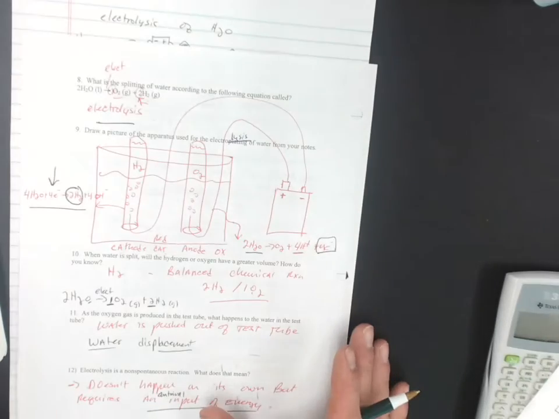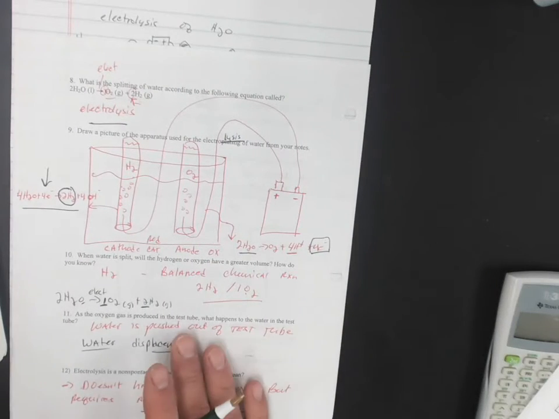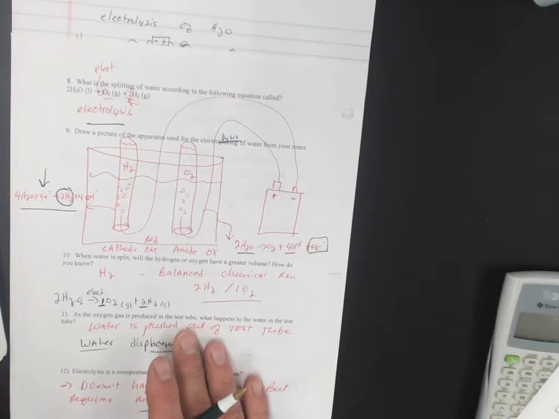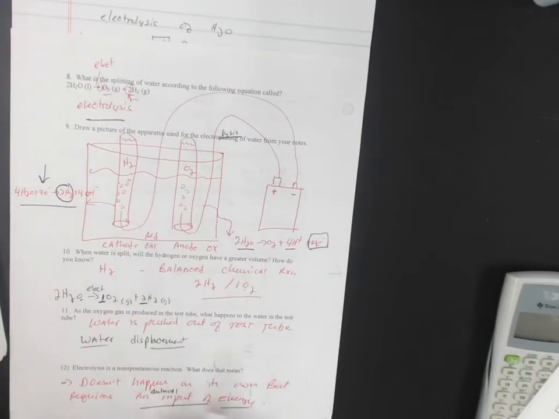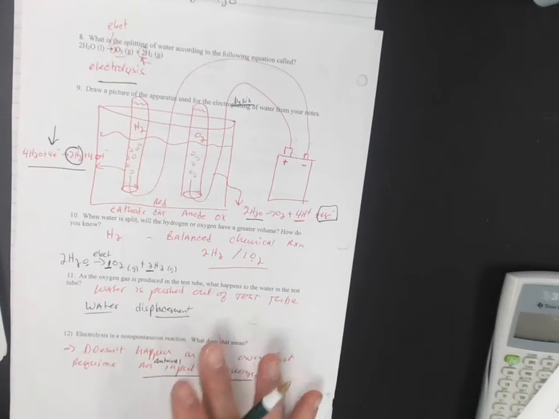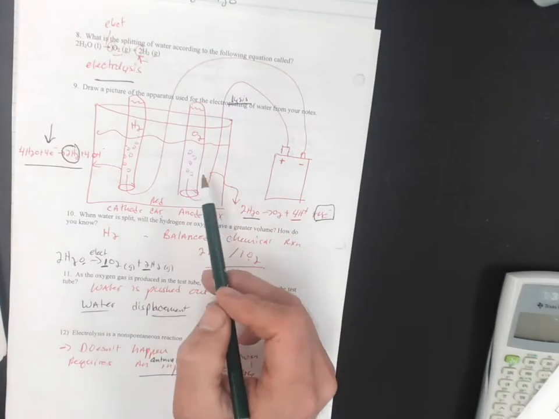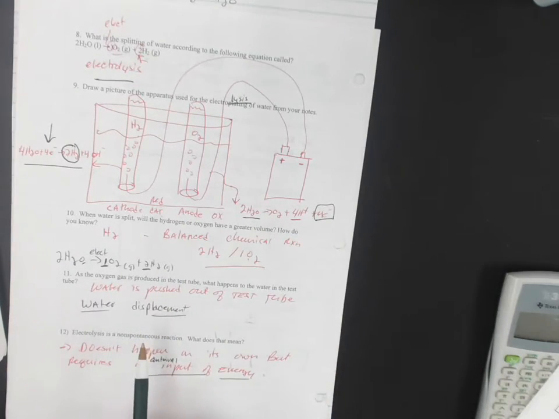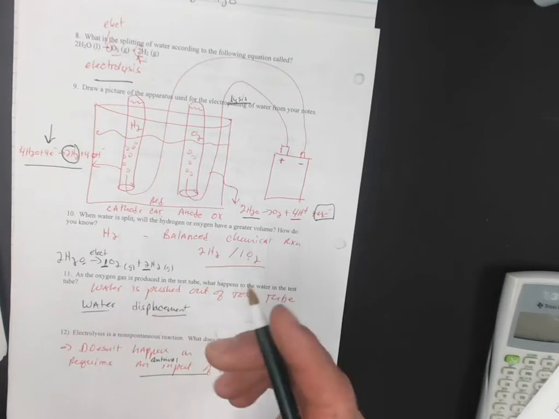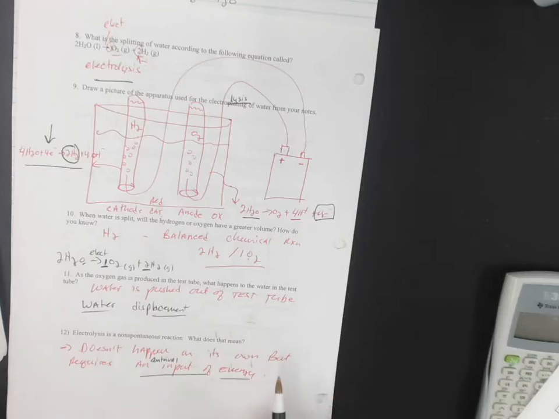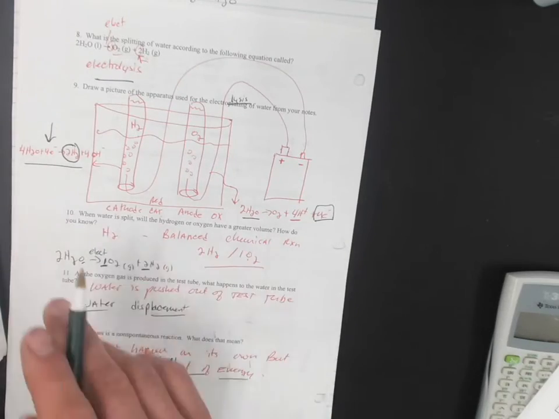Number 8. What is the splitting of water according to the following equation called? And hopefully you have electrolysis. You needed to draw a picture of this. I drew my battery off to the side on this one, but you should have it coming in looking like this. And I had given you two reactions that you can use instead of the ones I listed here.